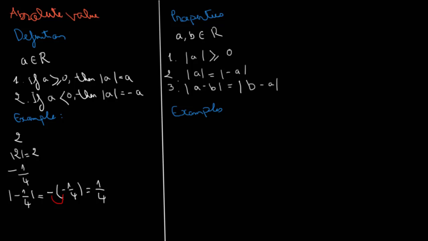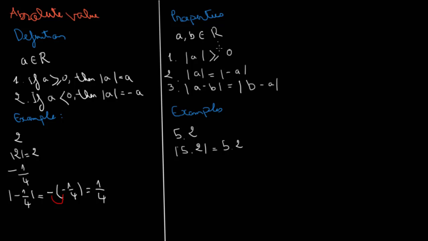If I take a real number, it doesn't matter what it is, for example 5.2, the absolute value of 5.2 is just 5.2. And if you take a look at the example we did with the negative number, minus 1/4, its absolute value is always 1/4. I guess this example is very obvious and doesn't need any more explanation.